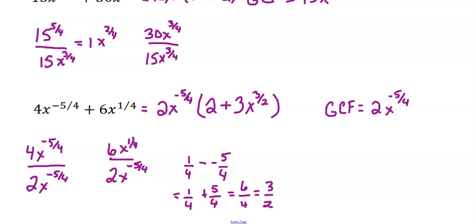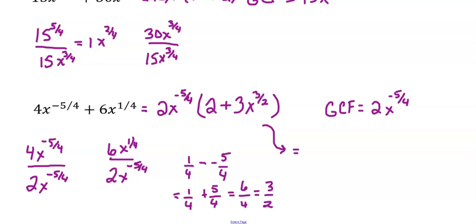Now we've only got one more thing we're going to do, and I've kind of run out of room here, so I'm going to bring it down here. If you'll notice, we've got a negative exponent on this factor in our greatest common factor, and that's not considered simplified. So we're going to use one of our properties of exponents that says when we have a negative exponent, we can rewrite that using a reciprocal.